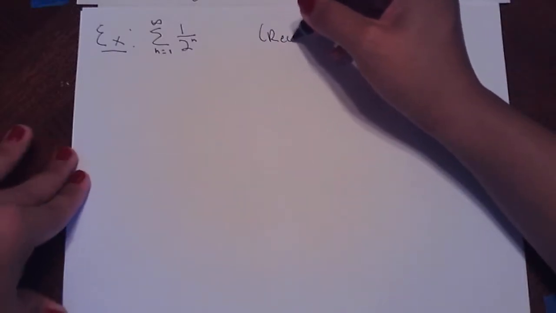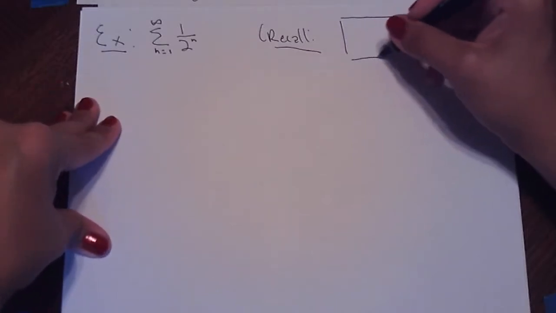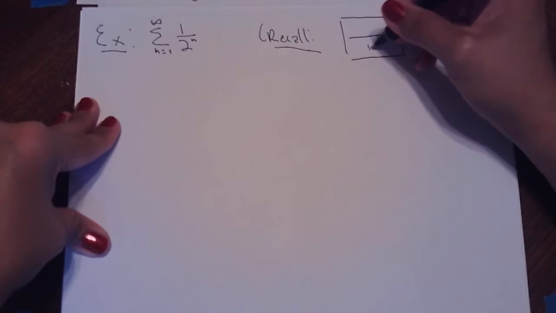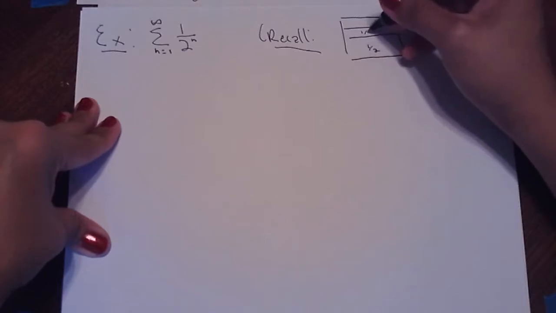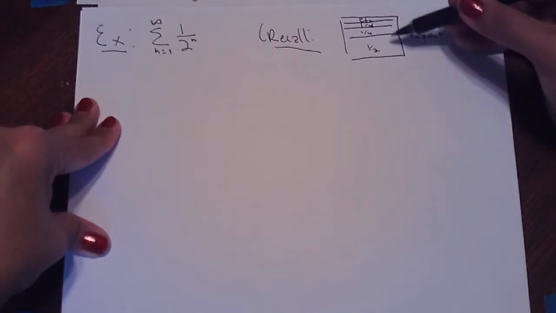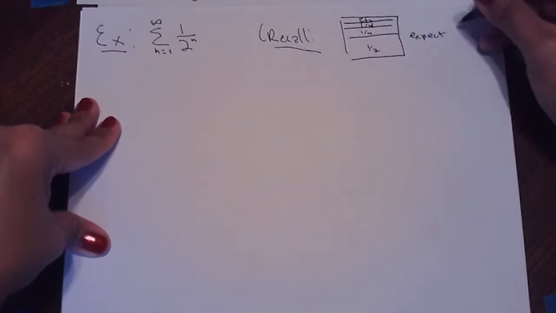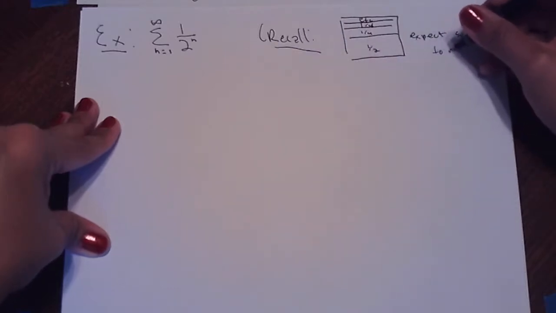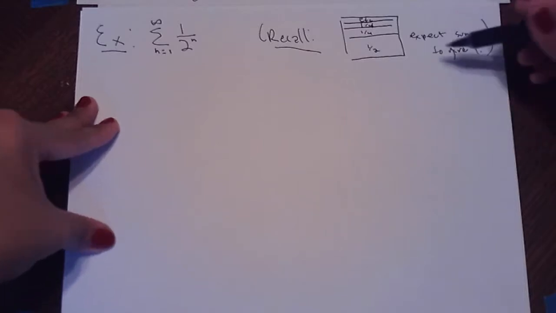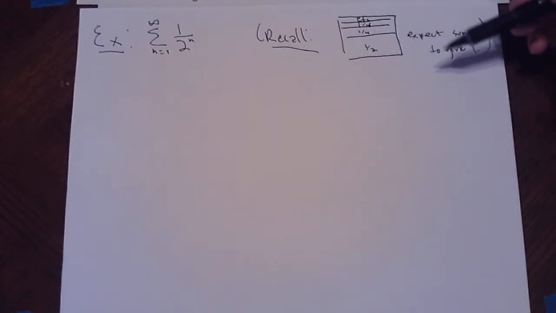Just a refresher, this was that situation where we had this unit box, and we cut it in half, and we cut it in half, and we cut it in half. We should expect that if you add a half plus a fourth plus an eighth plus a 16th, which is exactly what we're doing here, we expect my sum to give me 1, right? Because I added up all these fractions, and it should give me my whole unit box back.